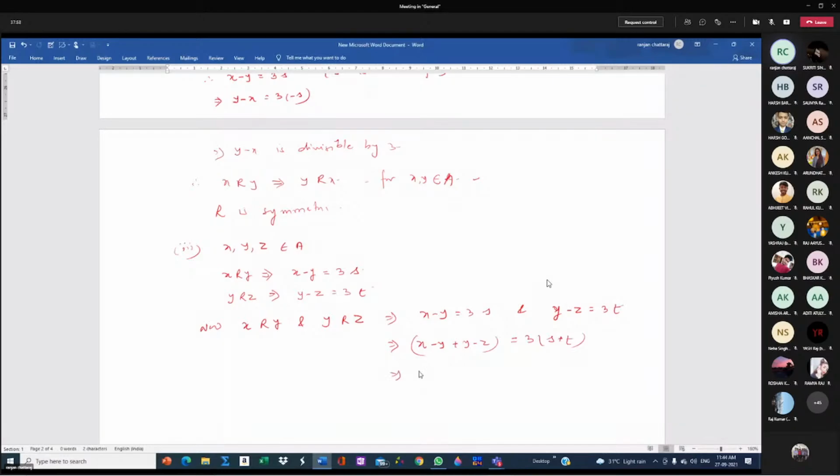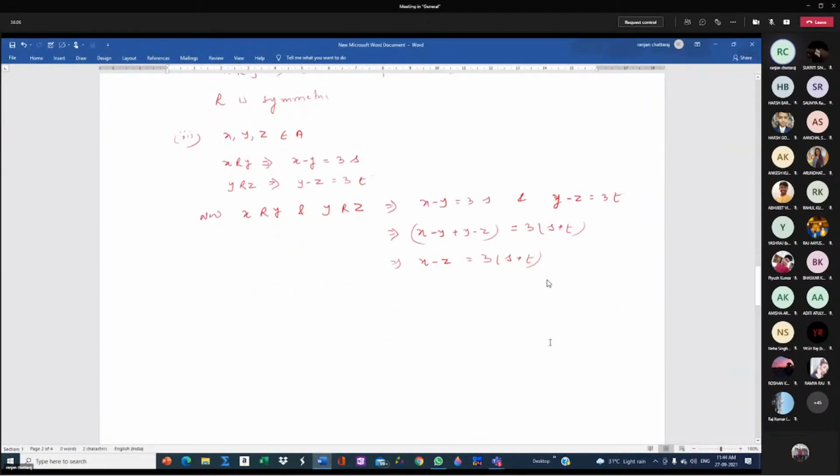Implies x minus z is 3 times s plus t. These s, t are integers. So x is R related to z. So if x is R related to y and y is R related to z, it is transitive. So it is equivalent.